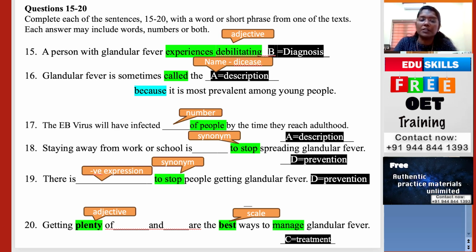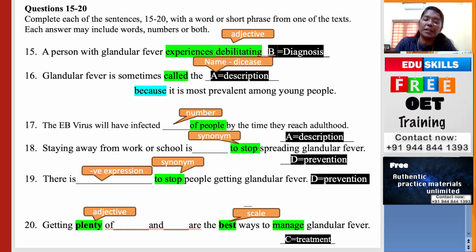Then the 17th question: the EBV virus will have infected dash of people by the time they reach adulthood. EBV virus, virus-related thing, which paragraph? Which text? Then the 18th: staying away from work or school dash to stop spreading glandular fever. The stop or prevention is from which text?